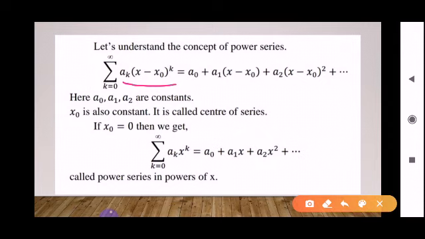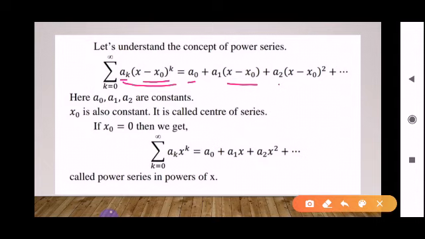Means if we expand this series for k equal to 0 to infinity, if we put k equal to 0 here, then we will get a0, and the power of x minus x0 is 0, that is 1. Then if we put k equal to 1, we will get a1 into x minus x0 to the power 1.